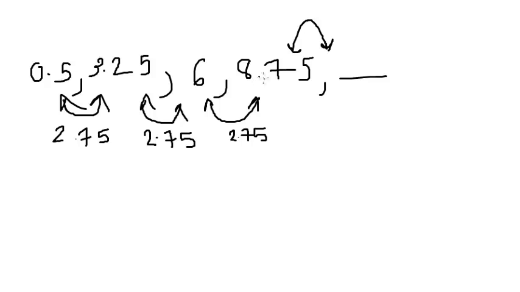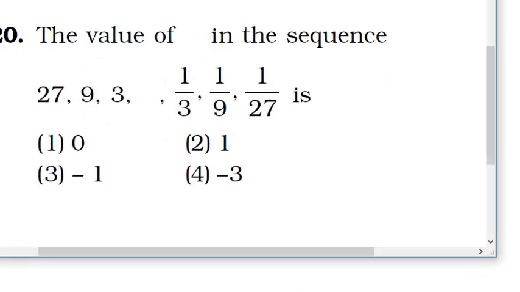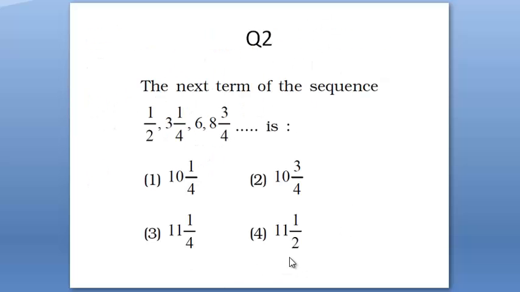So 8.75 plus 2 is 10.75, and 10.75 plus 0.75 will give us 11.5, which is our answer. 11.5 can be written as 11 and 1 by 2. So option 4 will be our answer.